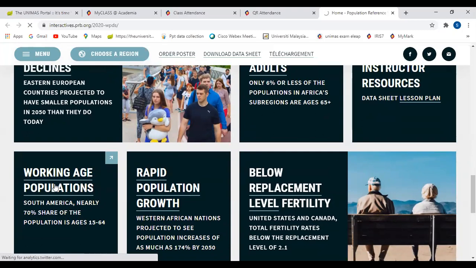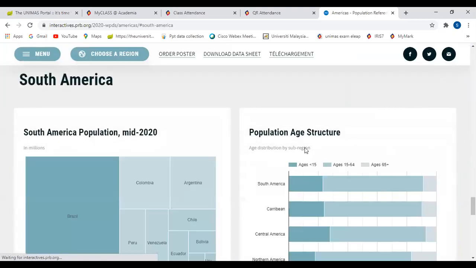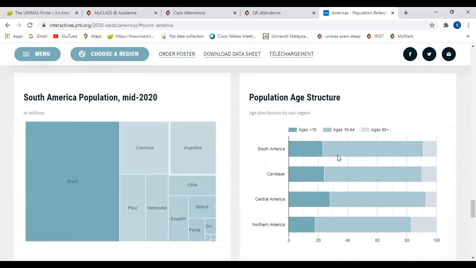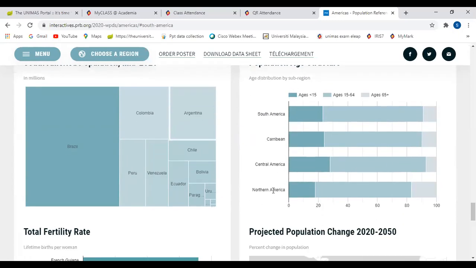Example here is South America, where the working. Okay, let's look at this. Map, interactive graph here. Age distribution by sub-region. Yeah, for example, in South America, this is comparing the American continent lah.